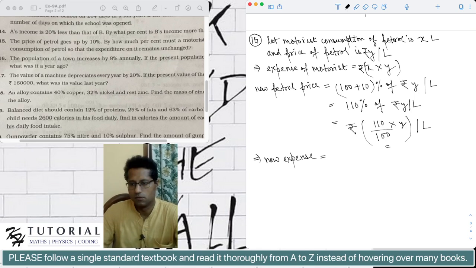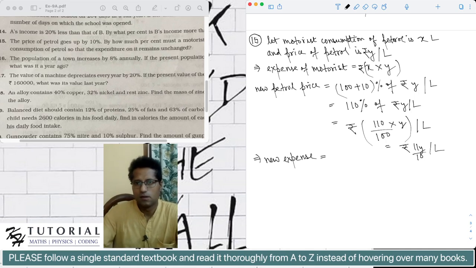If you simplify 110 by 100 into y, it is rupees 11y by 10 per liter.